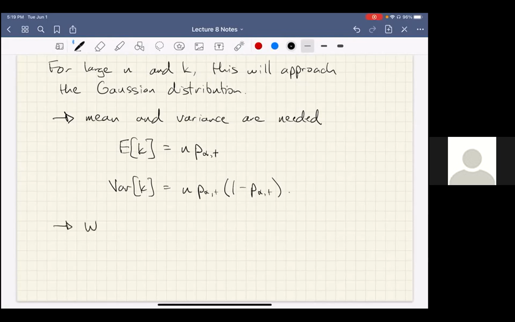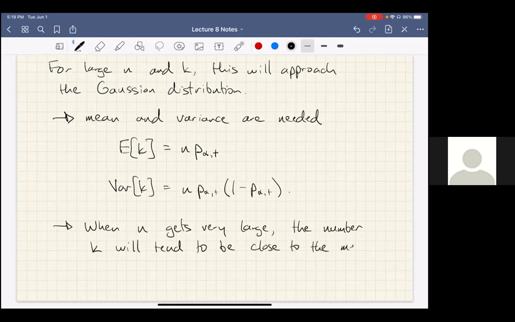So when n gets very large, the number k will tend to be close to the mean. To see that, I'm just going to hand wave about this a little bit.